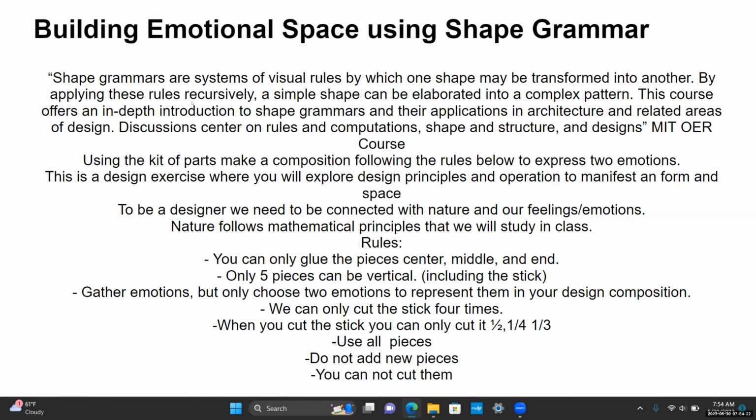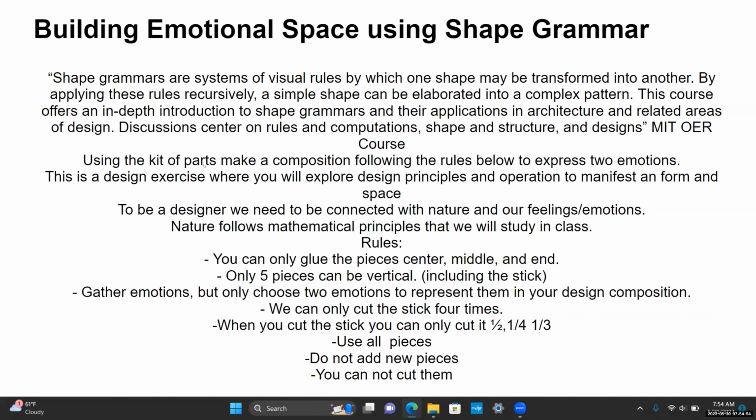By applying these rules recursively, a simple shape can be elaborated into a complex pattern. This course offers an in-depth introduction to shape grammars and their applications in architecture and related areas of design. Discussions center on rules and computations of shapes, structures, and designs.